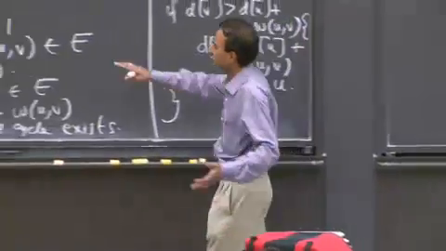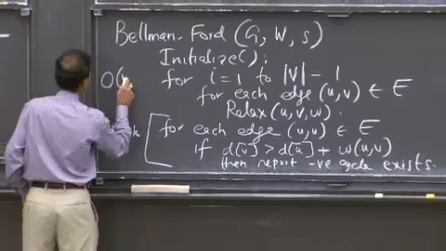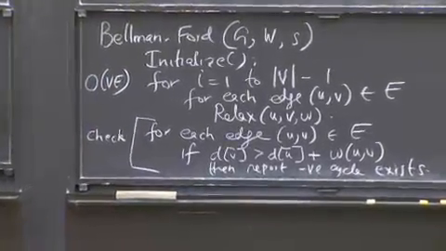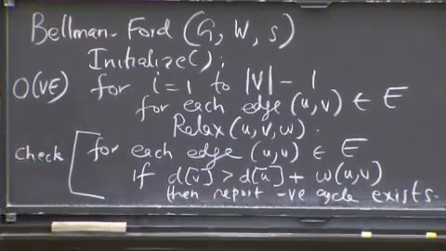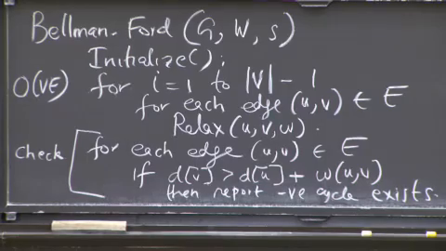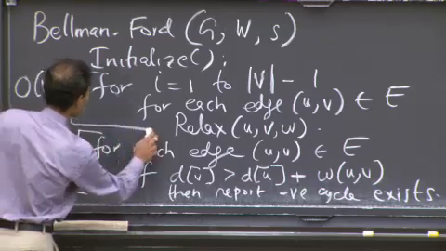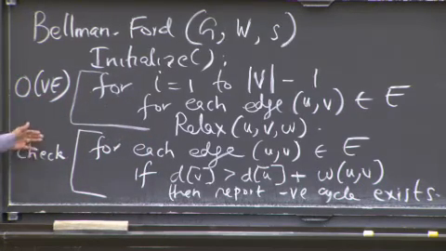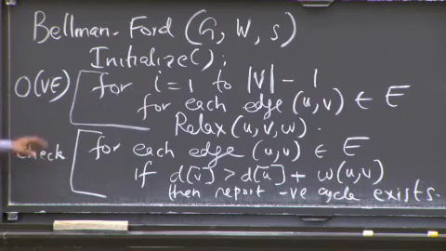So this part here is V times E, and it doesn't really matter. You can use an array structure, adjacency lists. It's not like Dijkstra where we had this neat requirement for a priority queue, and there are different ways of implementing the priority queue. This part would be order VE, and that gives you the overall complexity. This part here is only one pass through the edges, so that's order E, like you said. And so the complexity is order VE.